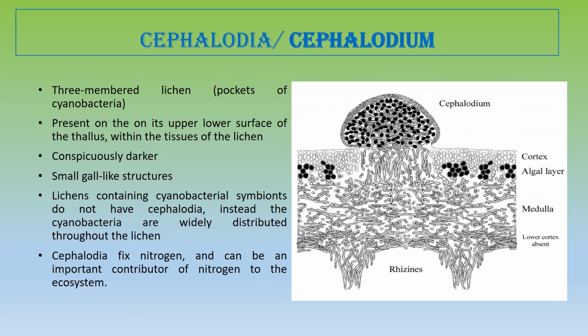The main function of cephalodia is nitrogen fixation. Apart from that, it also increases the photosynthetic area, because cyanobacteria can photosynthesize as well as fix nitrogen. In this picture the cephalodia is rounded, but it can also have other structures, like a disc-like structure, or it can even be branched.